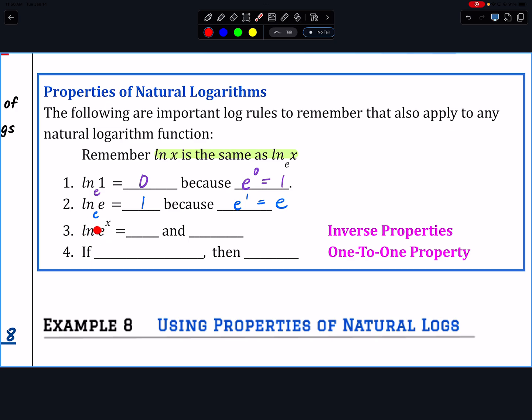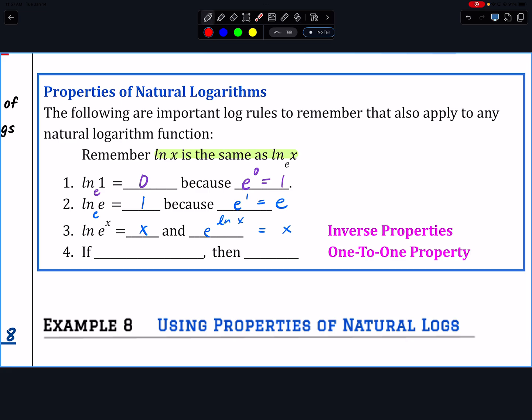They are inverses. So what's going to happen to the ln and the e? They cancel. So this is just x. And similarly, e raised to the power of the natural log of x will also be x. This is important because this is how we're going to solve problems in section 5.4.